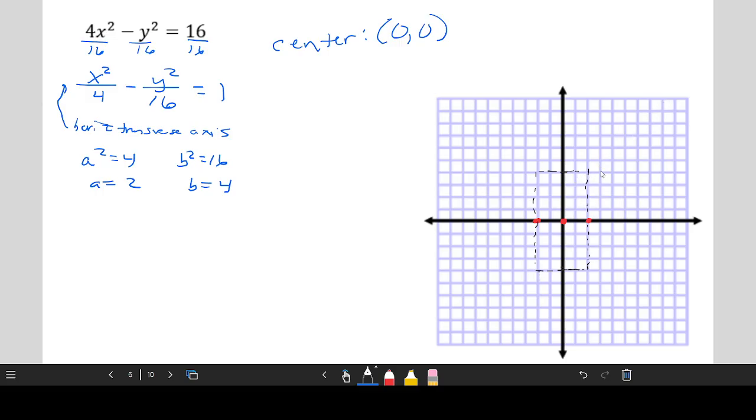And so the asymptotes are going to be the diagonals of this rectangle. So it looks something like that for the one, and something like that for the other one.